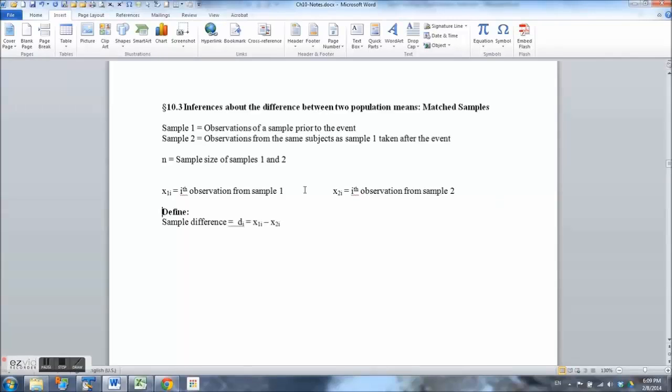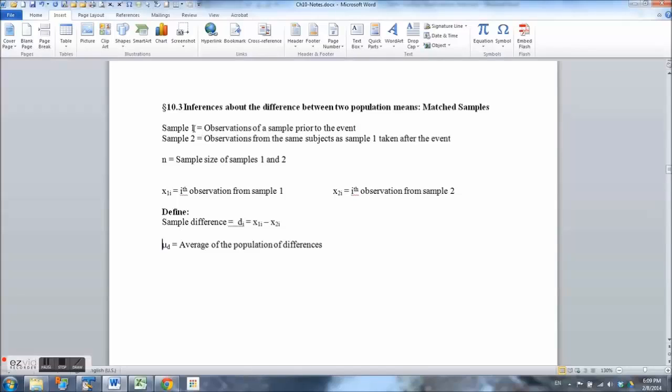So then we can define a sample difference between the two sample observations. So x sub 1i minus x sub 2i is the ith difference in the samples. In this way, we can convert the matched samples into one single sample of differences.